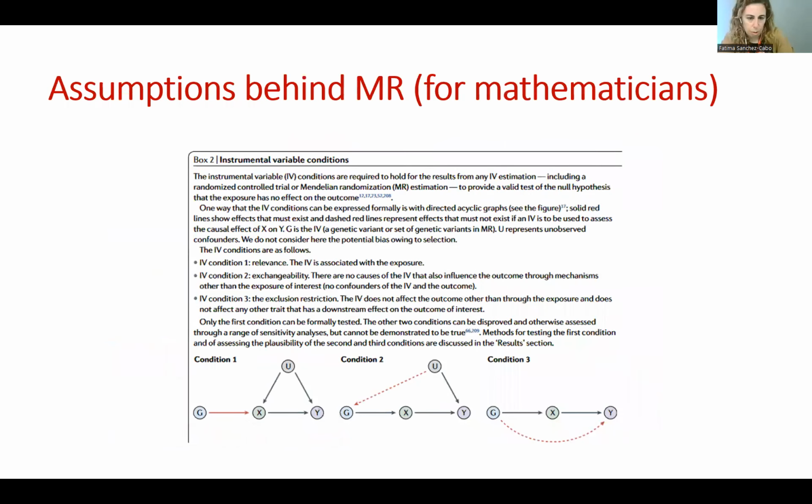So coming to the assumptions. This is using mathematical terms. As Ramon was pointing out, this is one of the strongest assumptions. In these plots, this is drawn using DAGs, following also the idea from Herman. In red, solid red lines show effects that must exist.